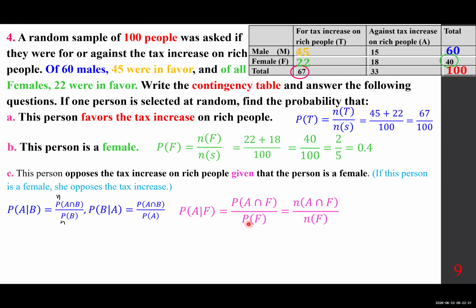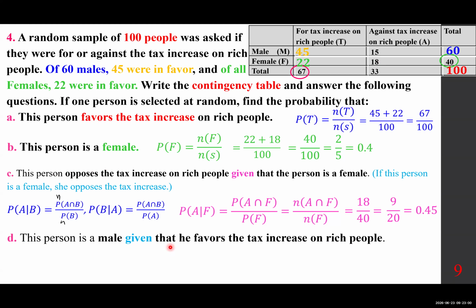So simply put, how many females? We have 40 in the denominator. Of those, females, how many oppose? 18. So 18 over 40, and you can simplify. That's the idea.